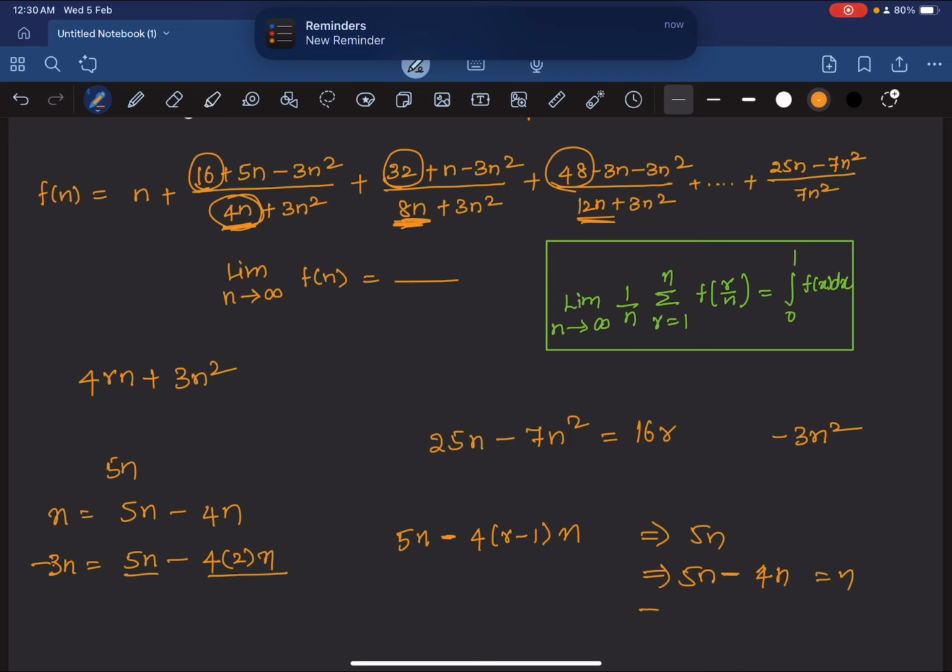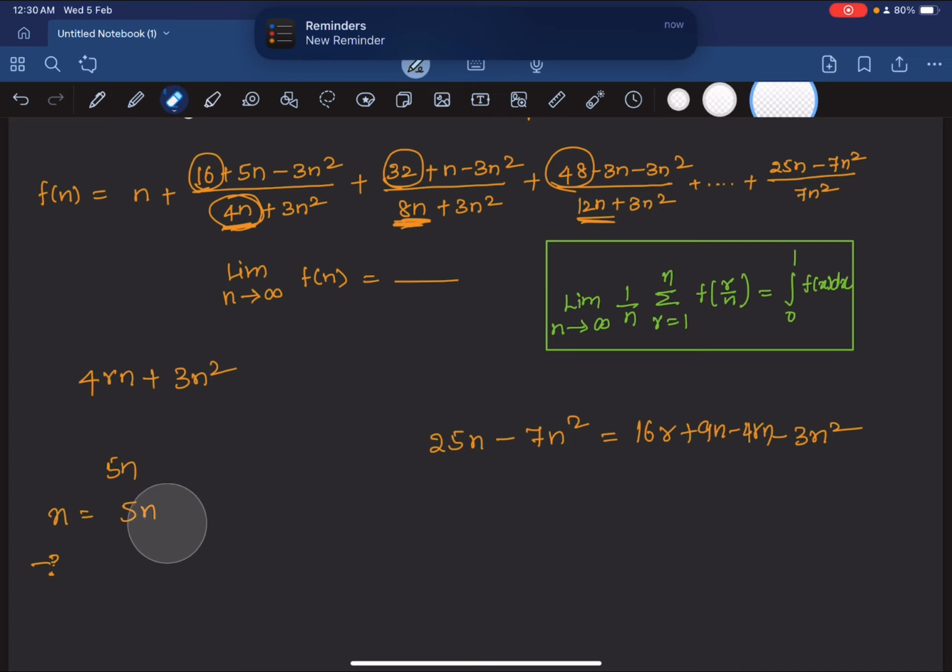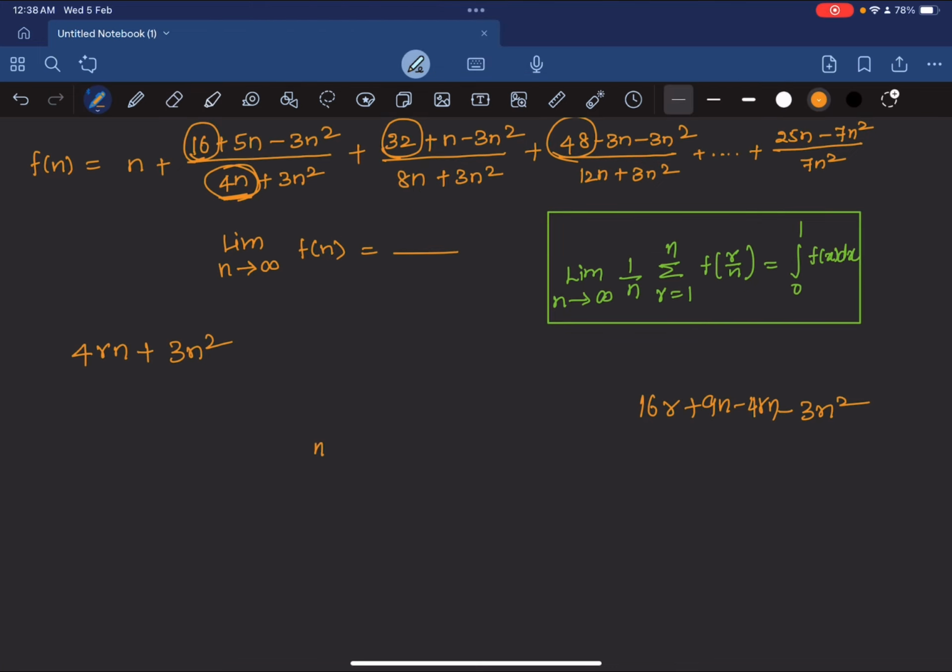Put r is equal to 3, you will get 5n minus 8n, which is minus 3n. So the general term is 5n minus 4rn plus 4n. So this is 9n minus 4rn. So this is the general term for the numerator.